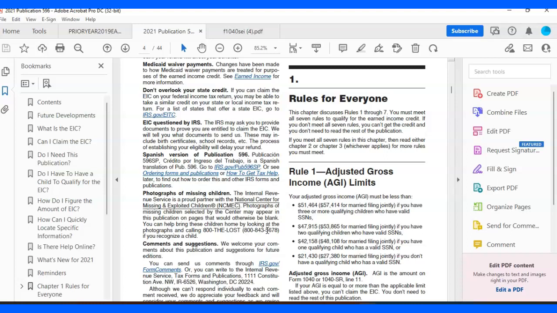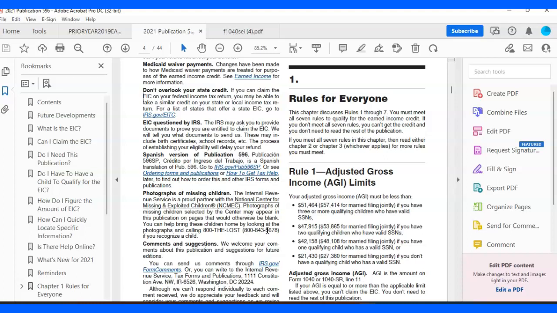So if you have four kids, she might claim two, he might claim two, and based on total income, one might take all the kids versus the other, especially if one of the taxpayers is a high earning client. So if a taxpayer makes so much money that they really couldn't benefit from having the children on their return, then it would be more beneficial for the other parent to take the children.